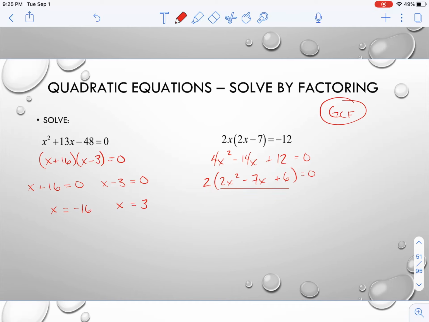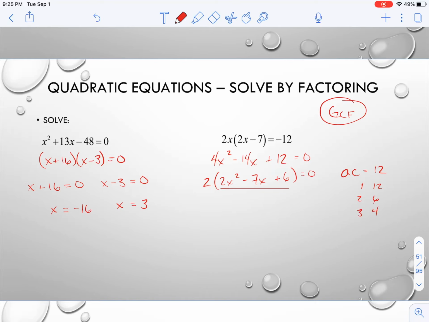I'm going to do what's called the A times C method because my lead coefficient is something other than 1. I'm going to take A, which is the 2, and multiply it times C, which is 6. So A times C is going to give me 12. And I want to list out my factors of 12: 1 and 12, 2 and 6, 3 and 4.